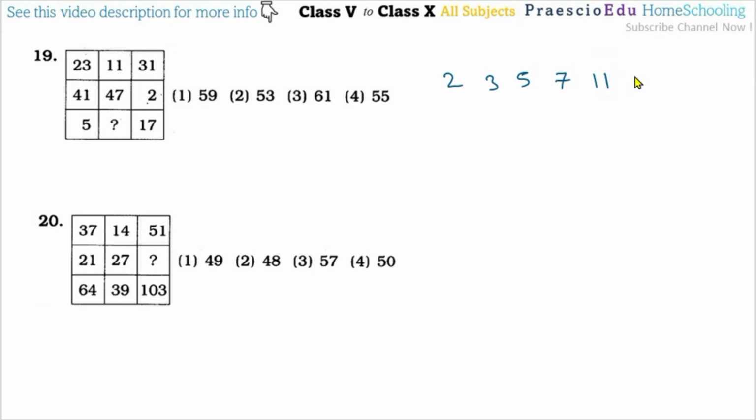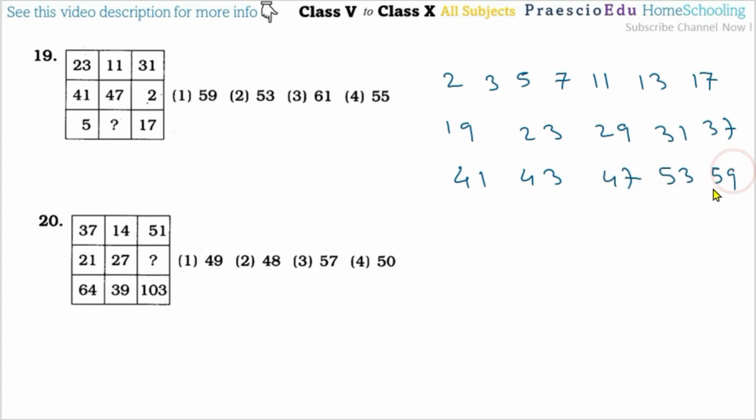After that 11, then 13, then 17, then 19, 23, 29, 31, 37, and then 41, 43, 47, then 53, 59, then 61. So this 2 is present here, then 5 is there. Okay, so 3 is eliminated, or we can say hidden.